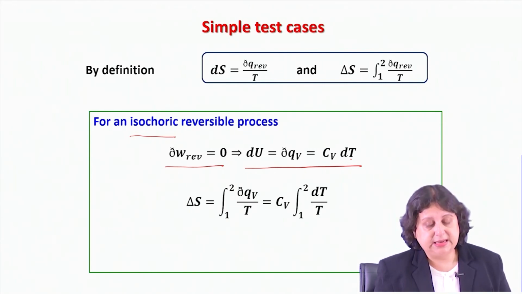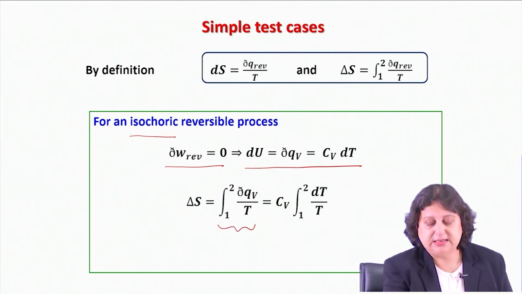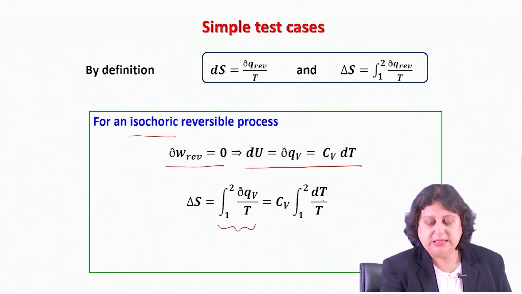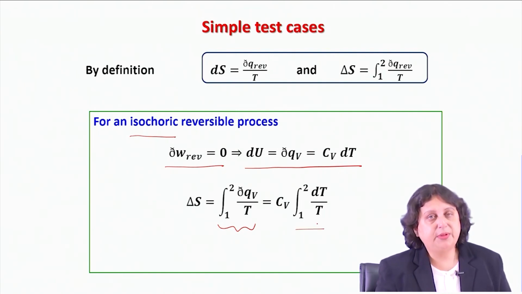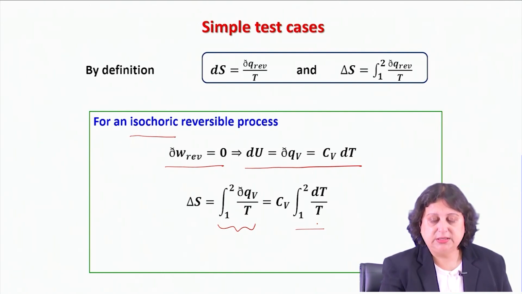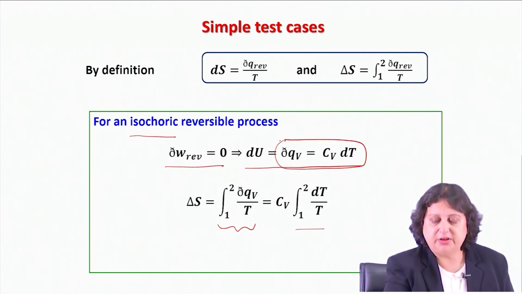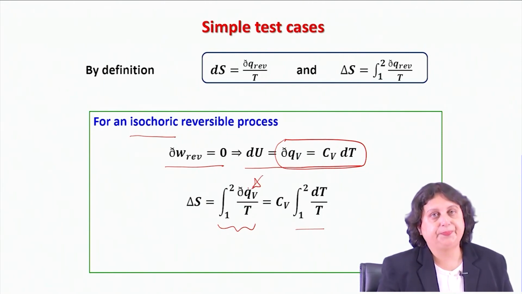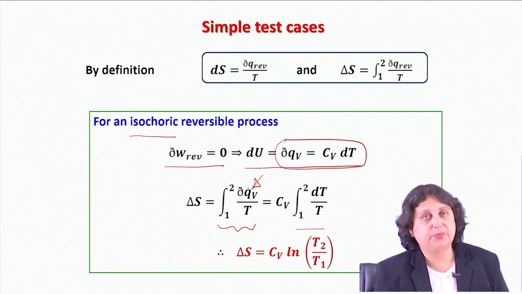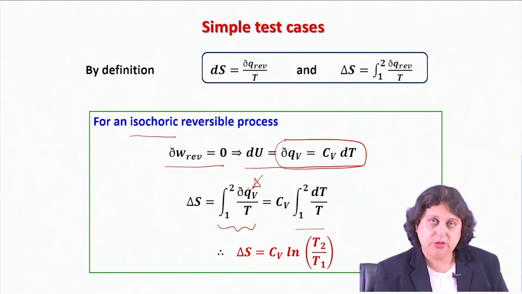Therefore I can write delta S, which is this integral, as equal to Cv dT by T integrated from the initial state 1 to the final state 2. That is because I have just taken this expression of dQv and put it here. If I carry out this integration, the result is that delta S in an isochoric reversible process is given by Cv ln T2 by T1.